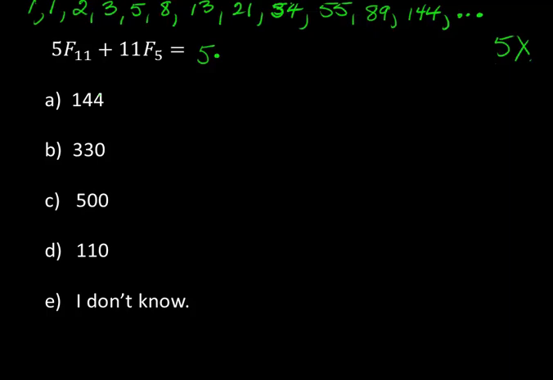Well, what's F11? 89. 5 times 89 plus 11 times F5, which is 5. 5 is the 5th Fibonacci. So you can multiply that out by hand or on your calculator and you'll get 500. So this is equal to 500, and we pick choice C.